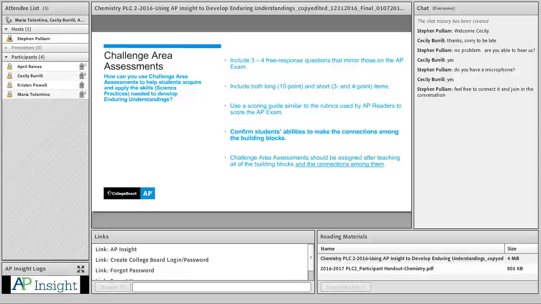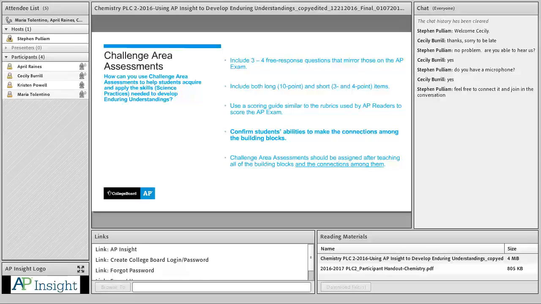I see them until the end of January, and then I see them again 2 weeks before the test for the review, which is not even mandatory. It's voluntary, so whoever comes. They're not graded for that. And the fee for the test is free, so anyone can take it. They don't have to pay for it.